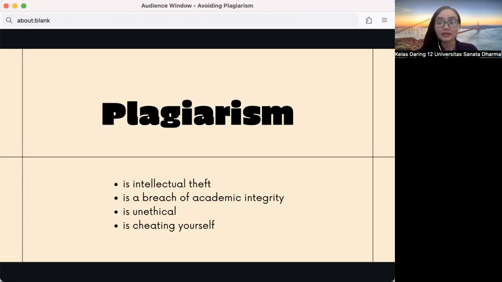Consequently, whenever you use the words or ideas of another person in your work, you must acknowledge where they came from. It is essential to know what plagiarism is, what form it takes, as well as how it happens. So the final step is to develop effective academic skills.